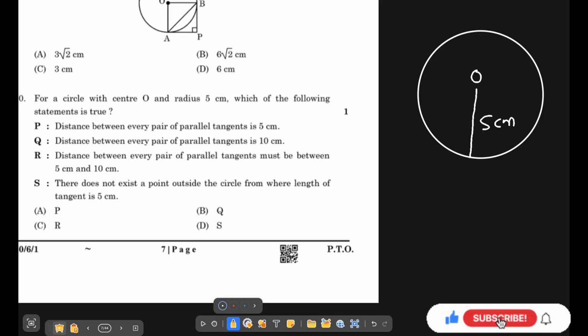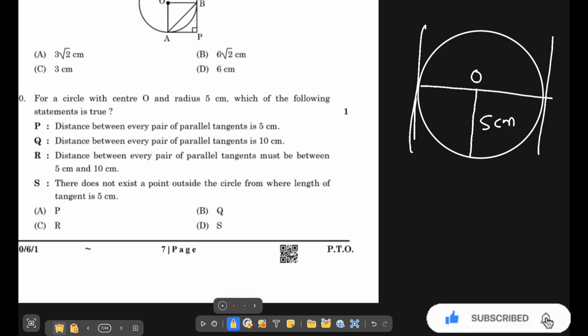Okay, let's see the first option. The distance between every pair of parallel tangents is 5 centimeters. No, the distance between every pair of parallel tangents is not 5 centimeters.